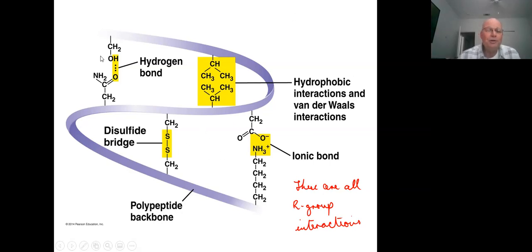So these are all the different types of bonds, or linkages, that you can get between R groups that hold the three-dimensional shape of the polypeptide in its final form.